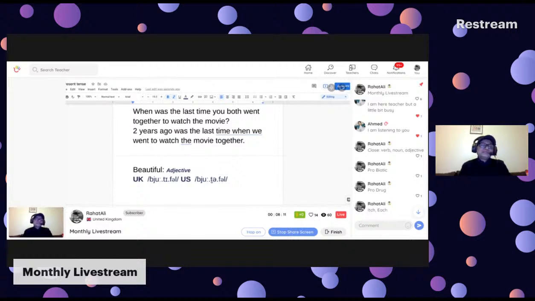So "beautiful", you can see from the phonetic symbol, has 3 syllables. If you ever notice this IPA, let me explain, guys, how you can understand how many syllables there are. It must always be written clearly.